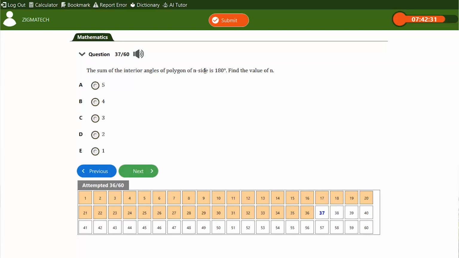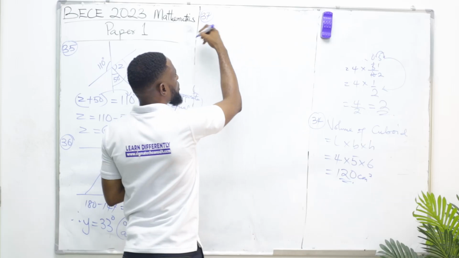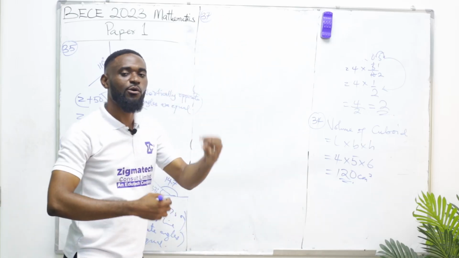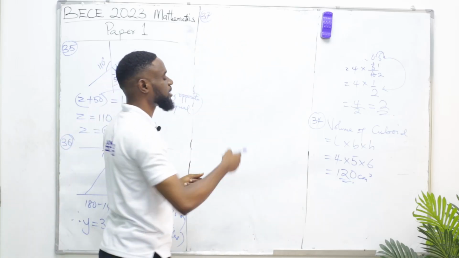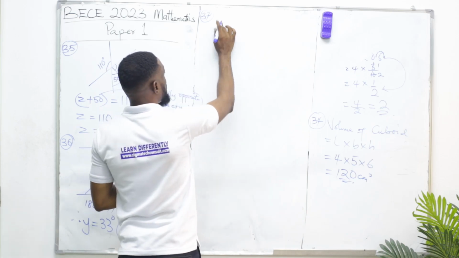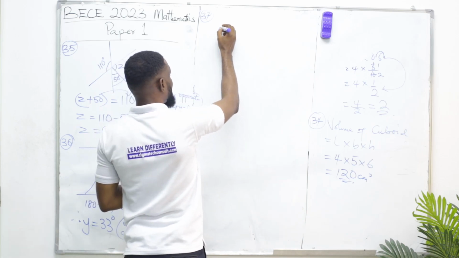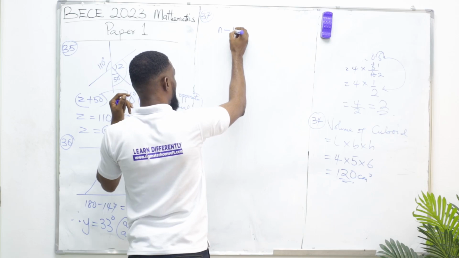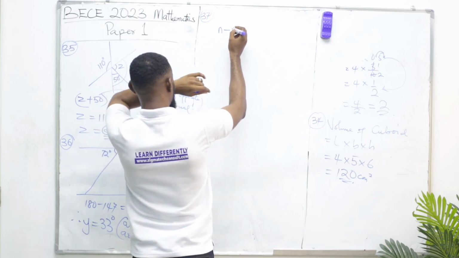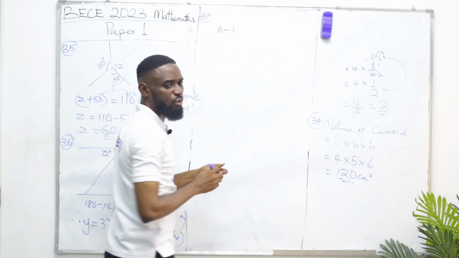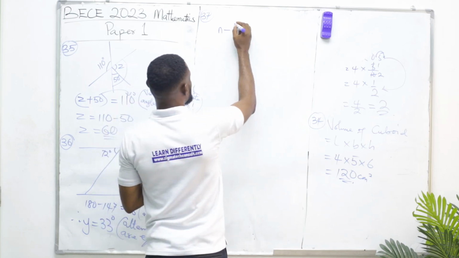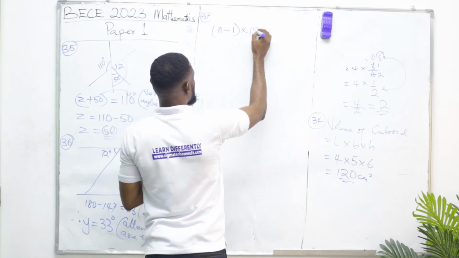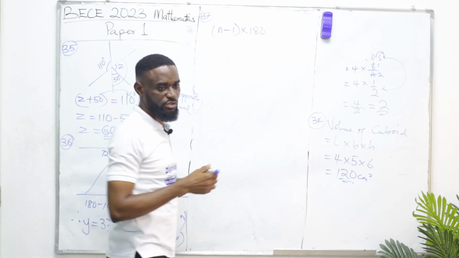Okay, that is what gives us that sum. N minus 1 times 180. So, sum of interior angles of a polygon, okay, is 180. So the formula for that is n minus 1 times 180 degrees. Do you get that now?